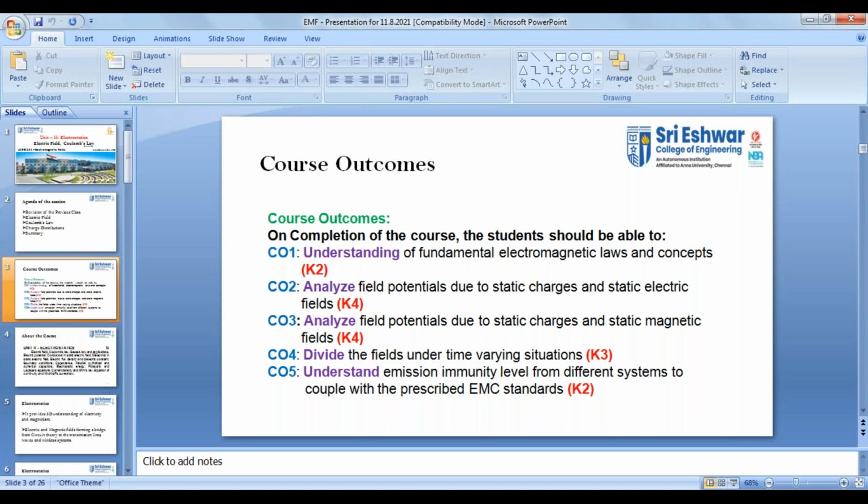That is the difference. So CO2 is analyze field potentials due to static charges and static electric fields. Analyze is under K4 level. Okay.